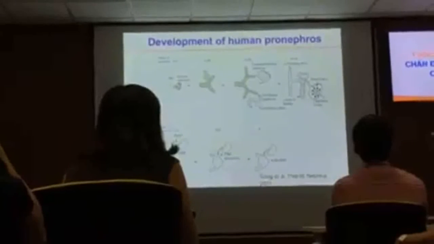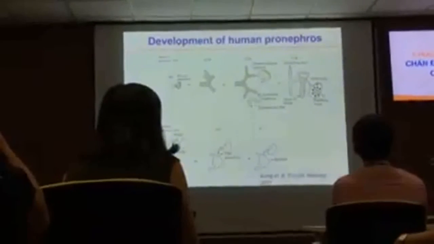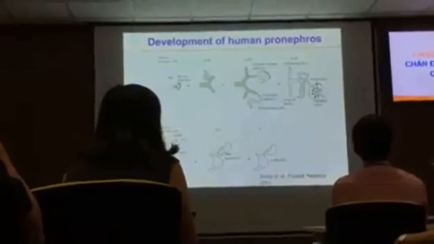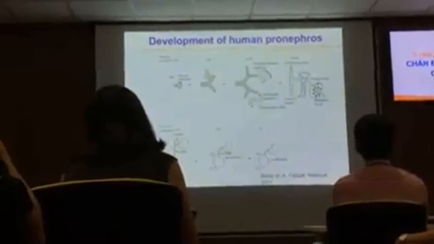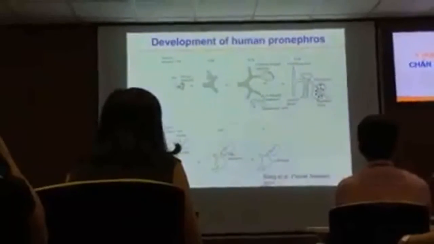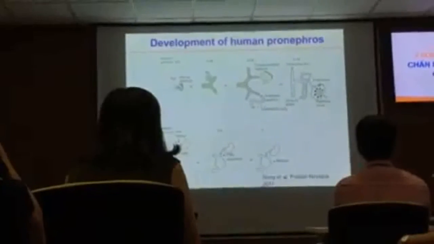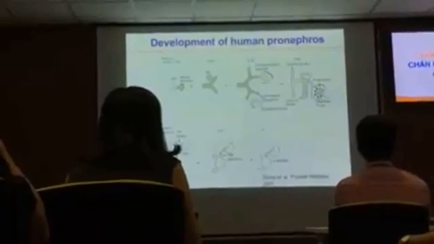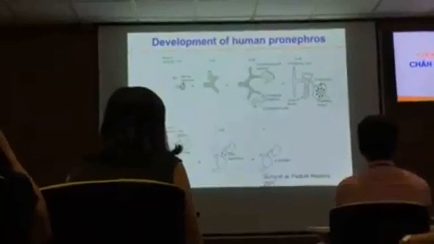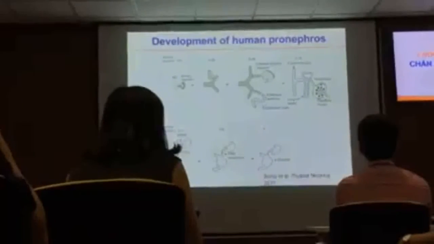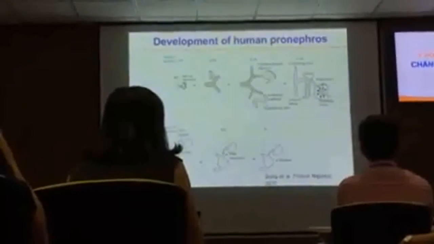Then they start looping into the collecting duct. Then it goes to the formation of the kidney. At 4 weeks and 5 weeks, you can see the ureter and the kidney shape already there. And if you see this apoptosis, then they get close, then the lobes spread.